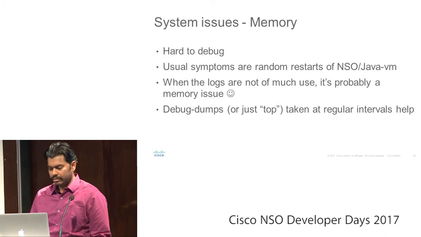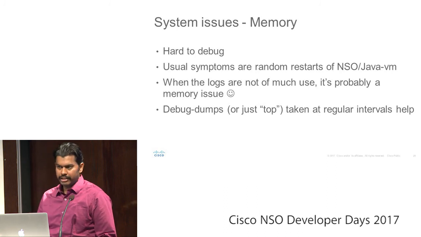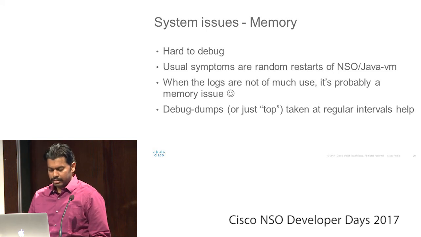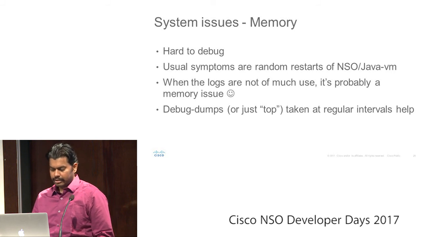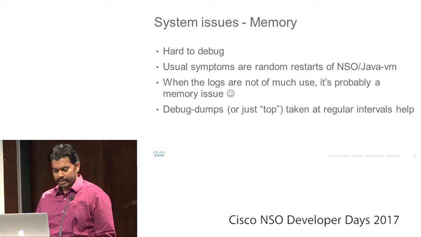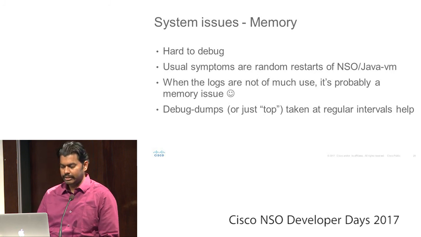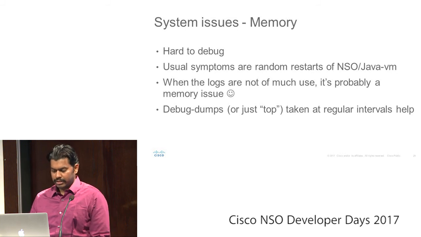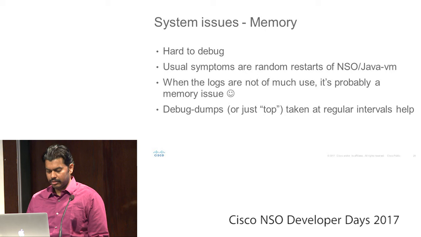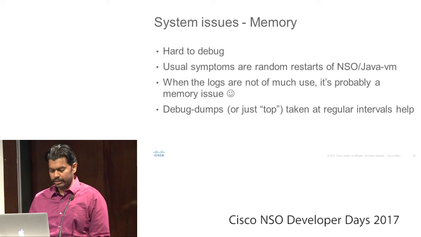If the NSO daemon or the Java VM consumes too much memory, and the out-of-memory killer is enabled in the distribution you're running, your NSO process or Java process might just get killed, and at least in that case, you get an entry in your syslog that the out-of-memory killer killed this process and so on. But usually, the process just dies if there is no more memory to use.